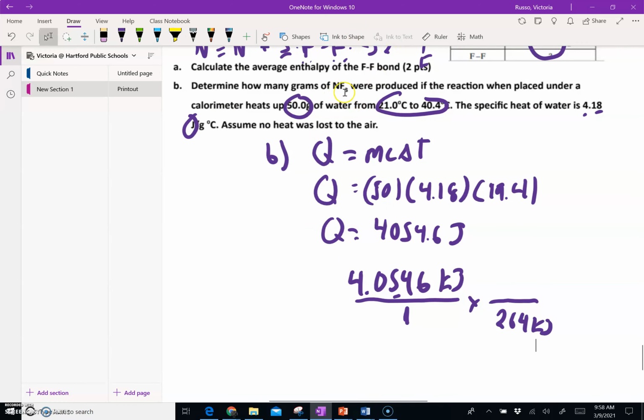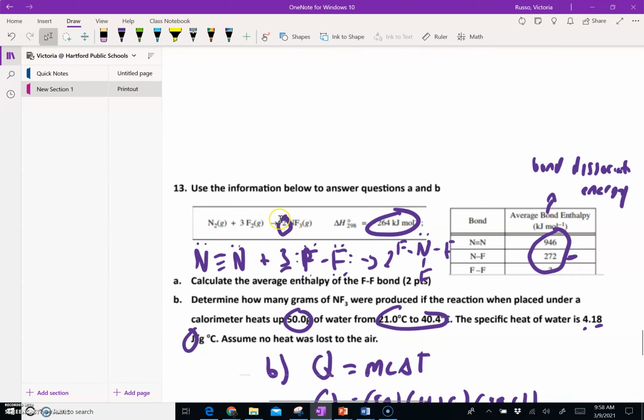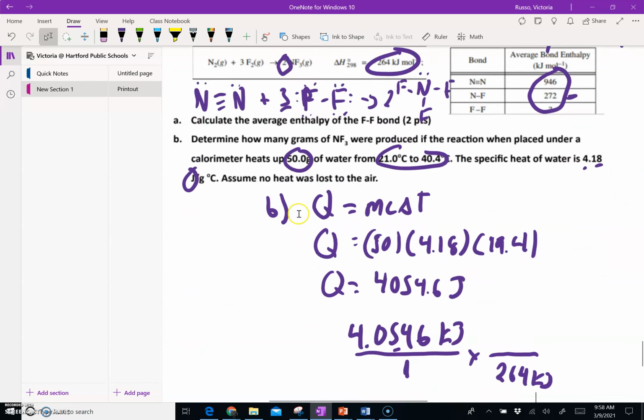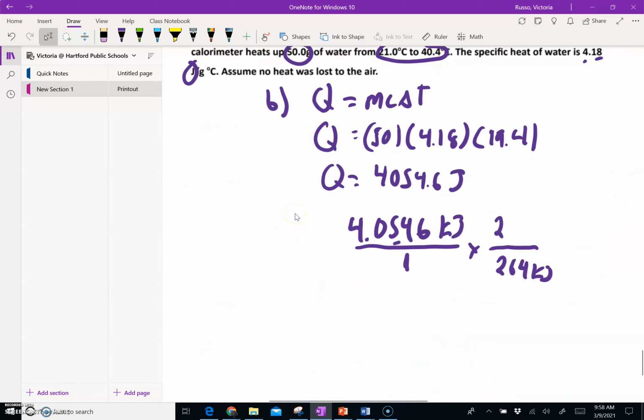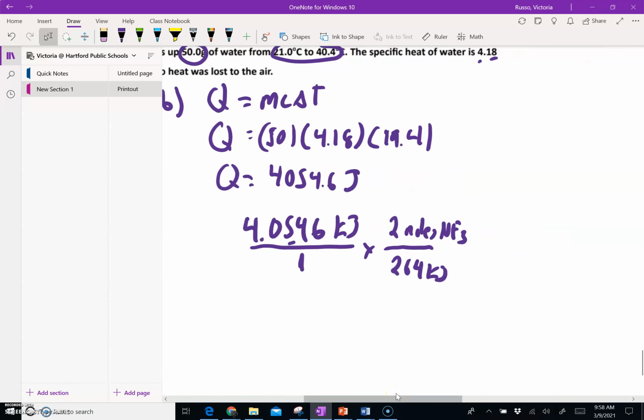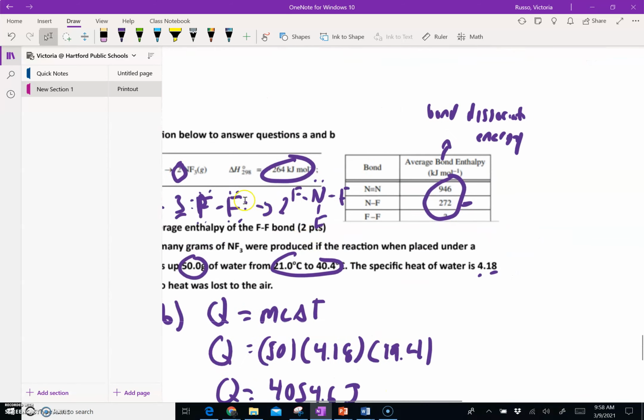We want to know, for every 2 moles of NF3, I'm sorry, NF3, I don't know why I keep saying NH3. The reason there's a 2 here is that there's a 2 in the reaction. So this is the delta H for the reaction, and for every 2 moles of this, you release that amount of energy.